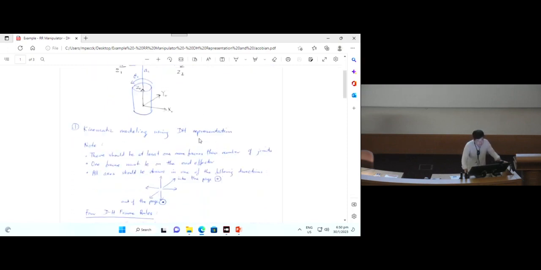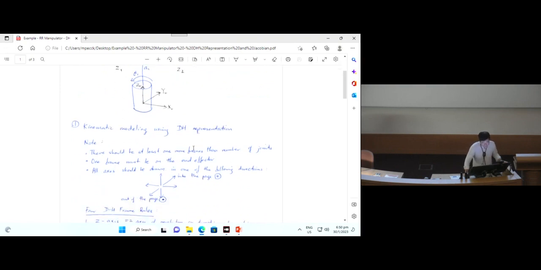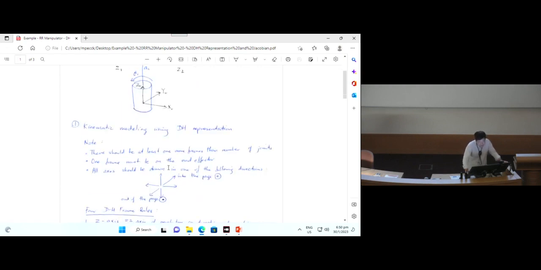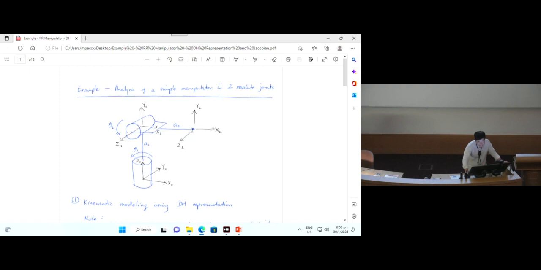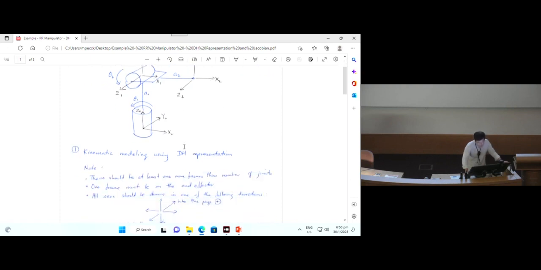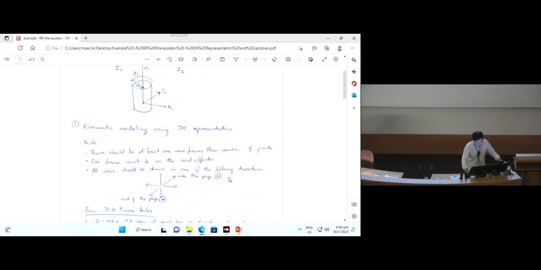So the first thing you do is, there should be at least one more frame than the number of joints because you have the end point, and one frame must be on the end effector. So this end frame is actually on the end effector. And then all axes should be drawn in one of the following directions.